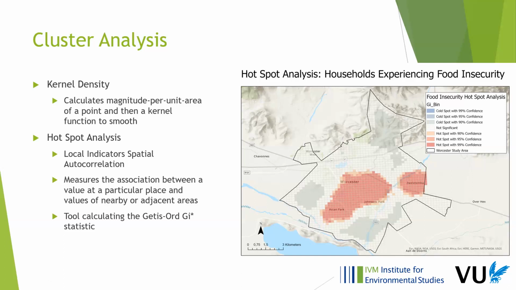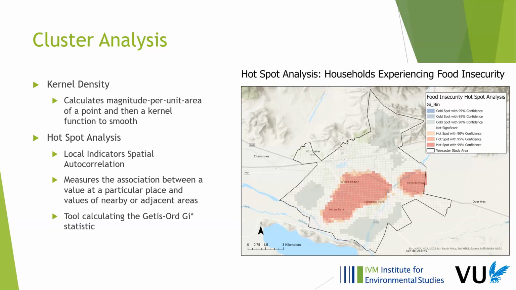You would have to either use the default distance in the tool, or you can specify that distance into the tool. This hotspot analysis then uses the tool calculating the Getis-Ord Gi star statistic to determine the hotspots and significance.